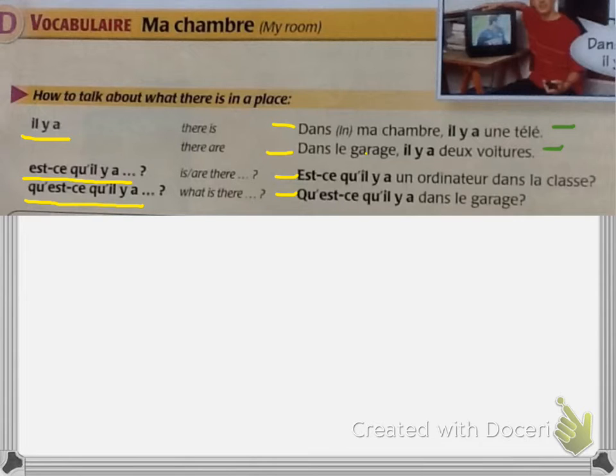In the garage, there are 2 cars. How about the next one? Est-ce qu'il y a un ordinateur dans la classe? That's asking, is there a computer in the class? And that last one, qu'est-ce qu'il y a dans le garage? What is there in the garage?